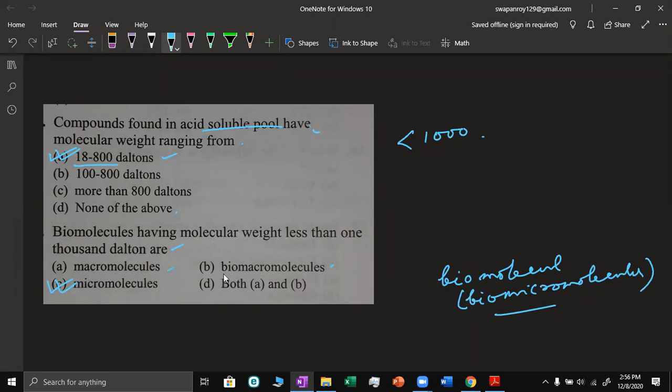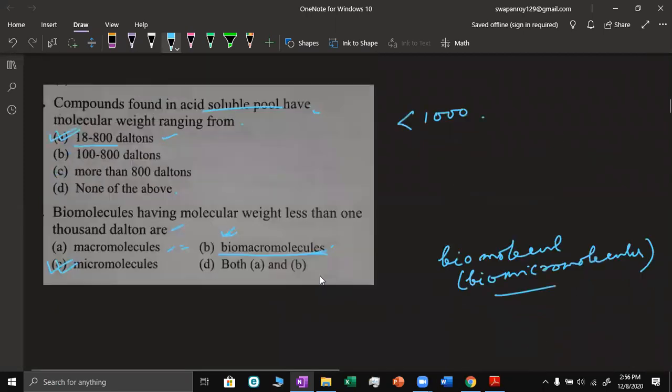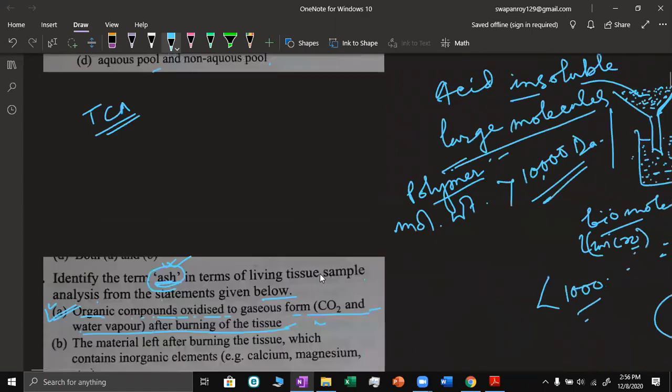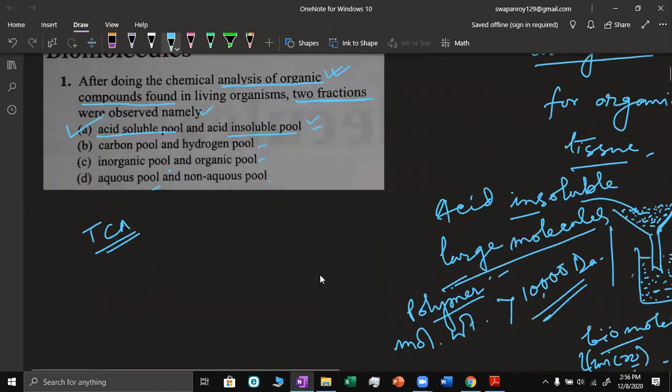Macromolecules and biomacromolecules are synonymous, though biomacromolecule is the more specific and better term. Those are the ones with molecular weight greater than 10,000.